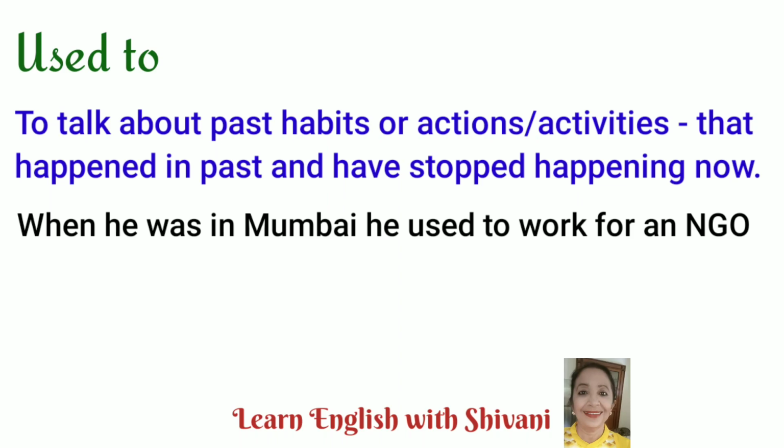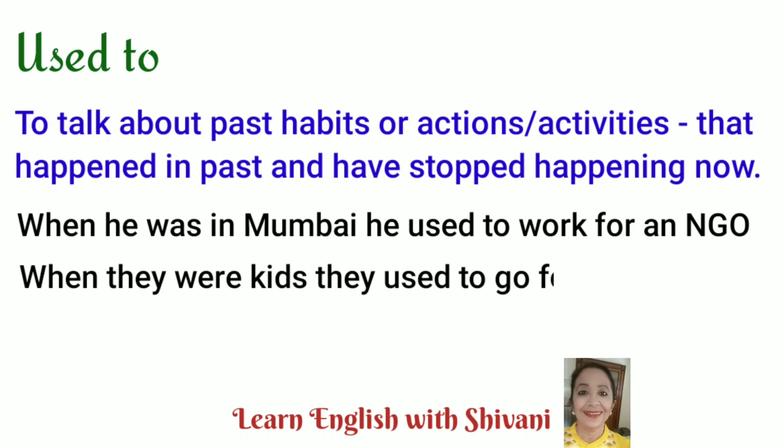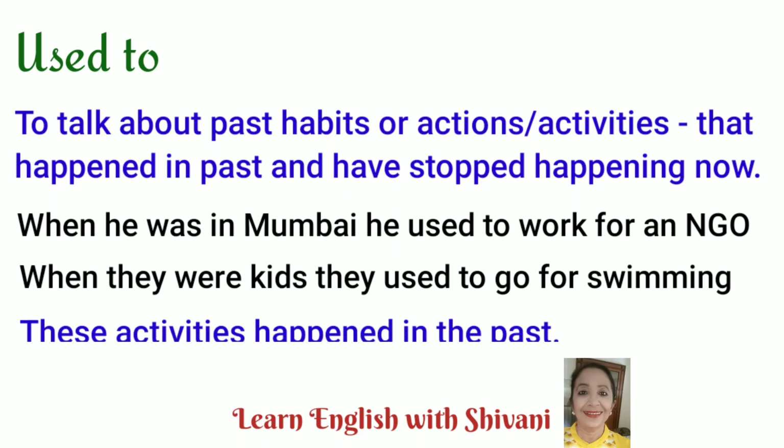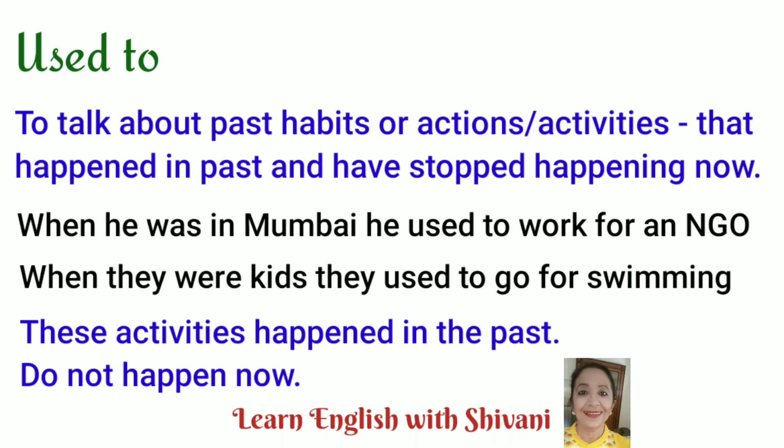Let's take another example. When they were kids, they used to go for swimming. These sentences tell us about something that used to happen earlier, quite frequently, but do not happen anymore.